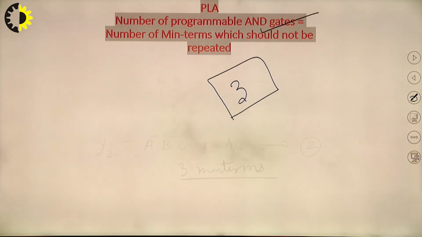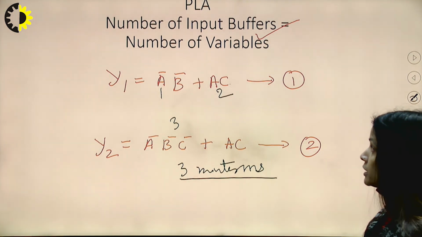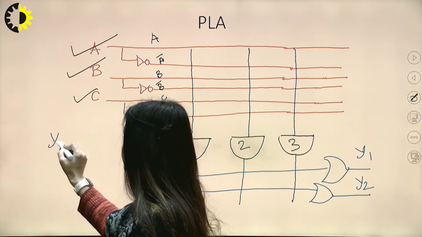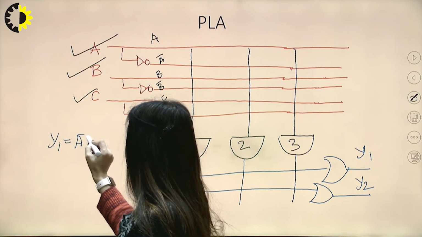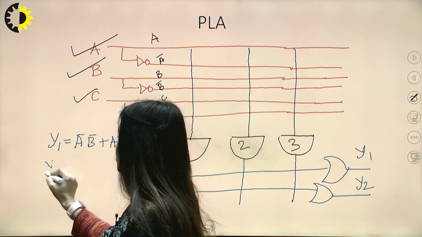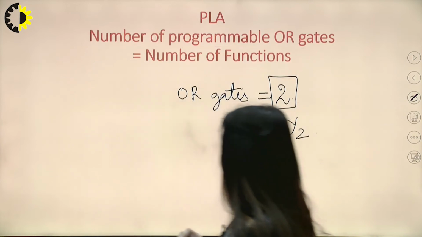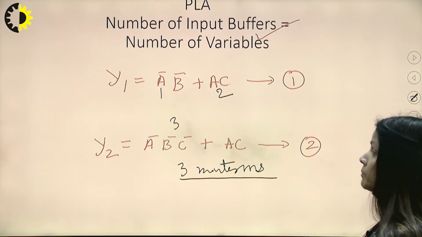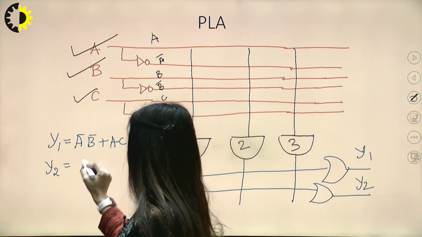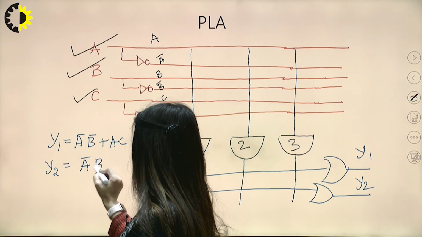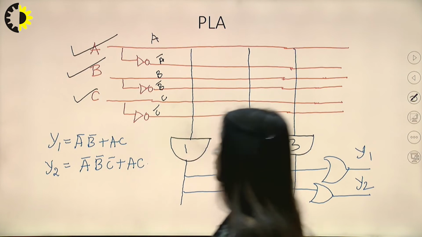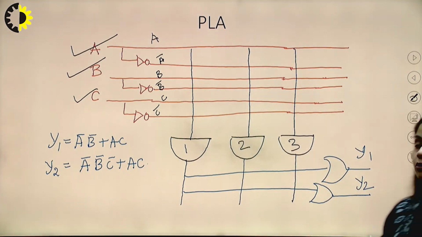So our y1 is a bar b bar plus ac, we will write here. And y2 is a bar b bar c bar plus ac. Okay. So these 2 expressions are written.